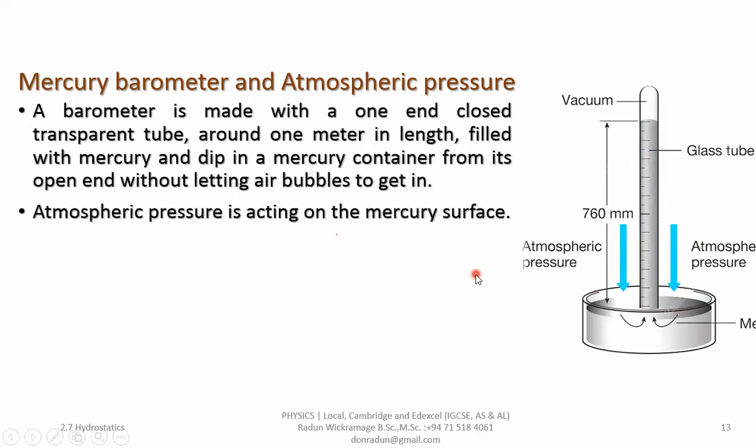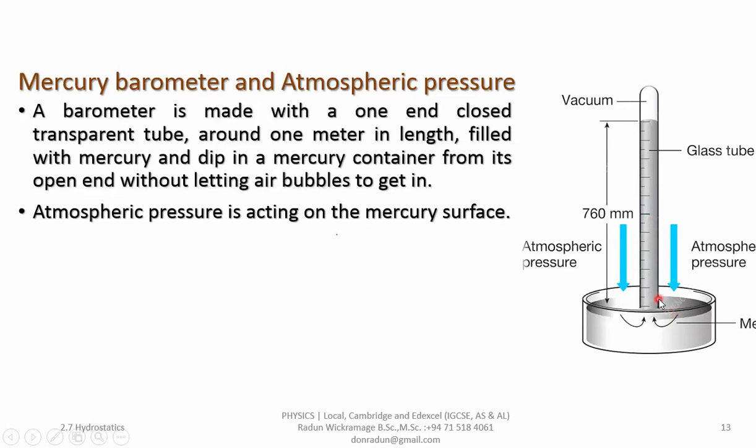Atmospheric pressure is acting on the mercury surface here, but here it is a vacuum. There are no air molecules here. So the weight of the mercury column creates a certain pressure at this point that is equal to the atmospheric pressure. That's why the liquid column is not going into the container or taking some mercury from the container.